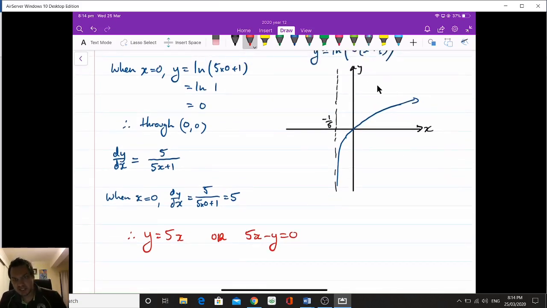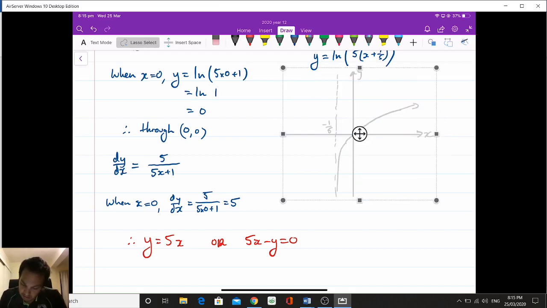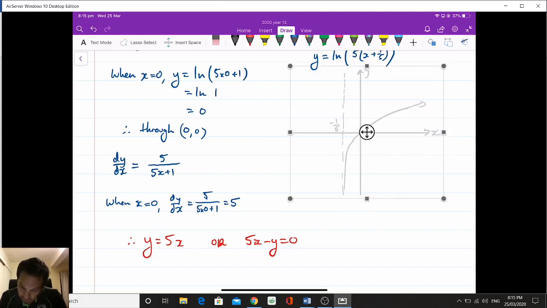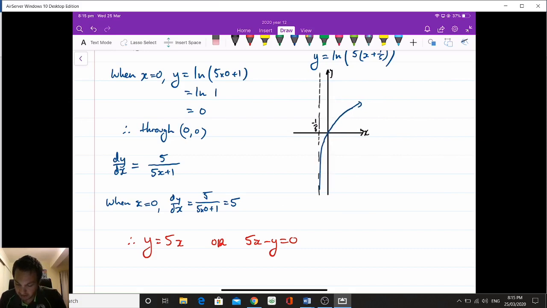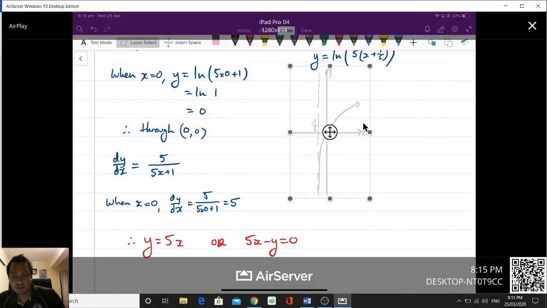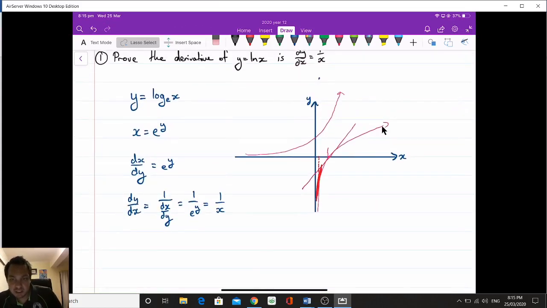Now notice this graph doesn't look like a gradient of 5, okay, but it's just because it's been squashed. I might be able to select it and squash it in. So that's what it really looked like, because the graph is the same as this part.